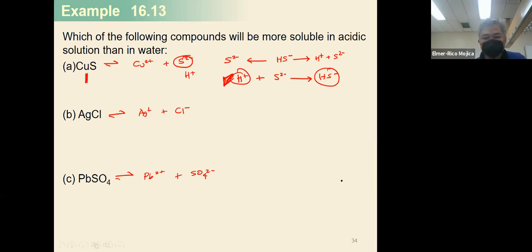Will the solubility of copper sulfide increase or decrease in acidic solution?